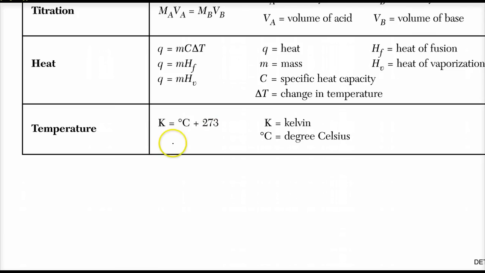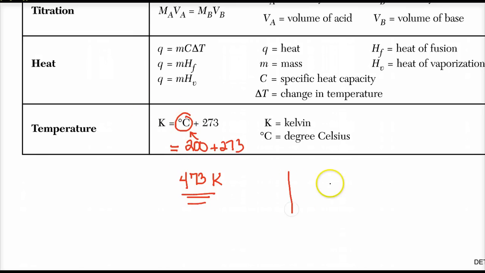So in our question, they asked, what is the Kelvin conversion? Well, they gave me the Celsius temperature to be 200. So you plug it in for C. Therefore, you're just adding 273 to it. So 200 plus 273 is 473 kelvins. That's all you're doing. Remember, the Kelvin doesn't get a degree sign. Kelvin used the Celsius scale.